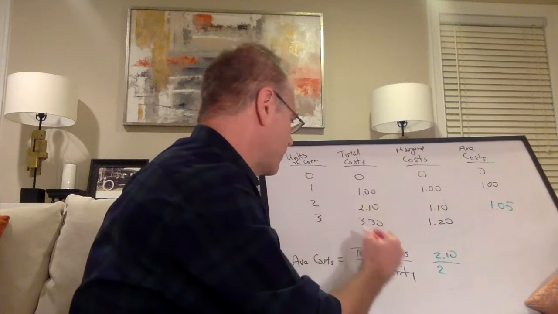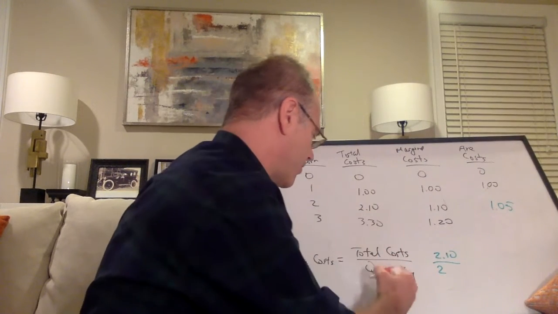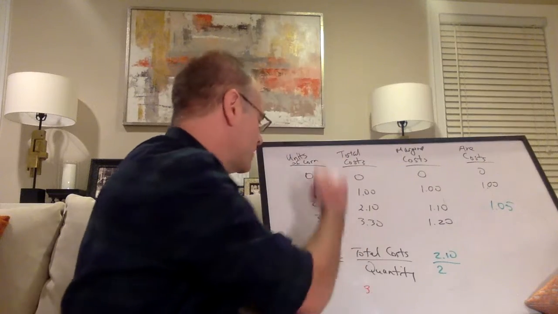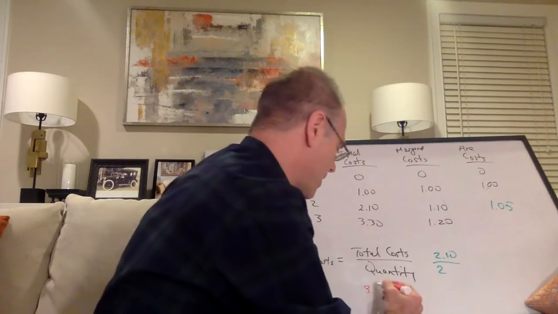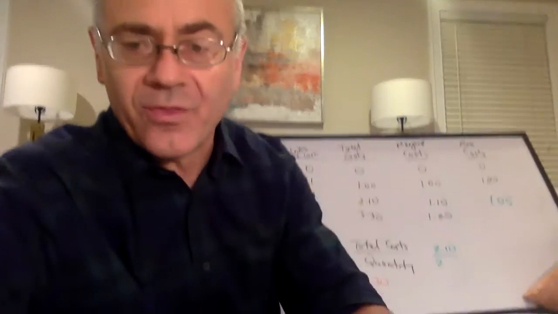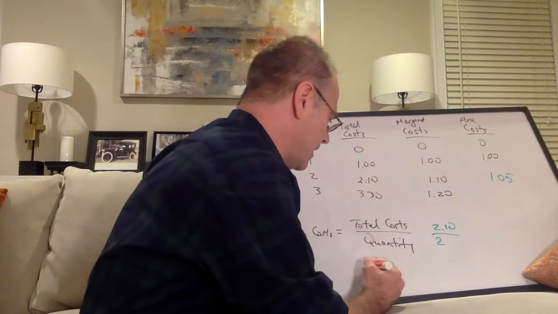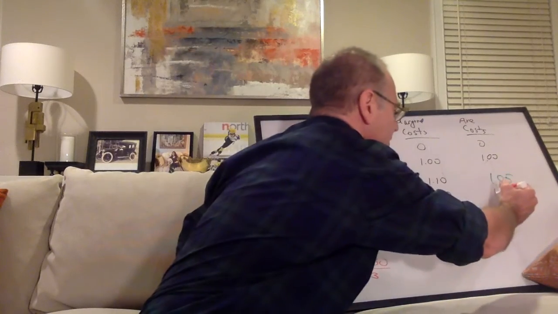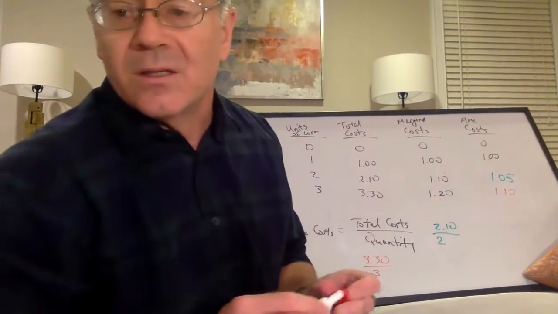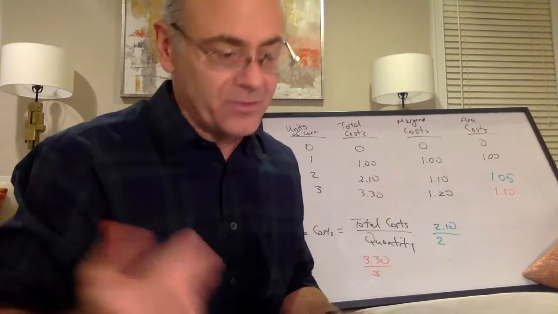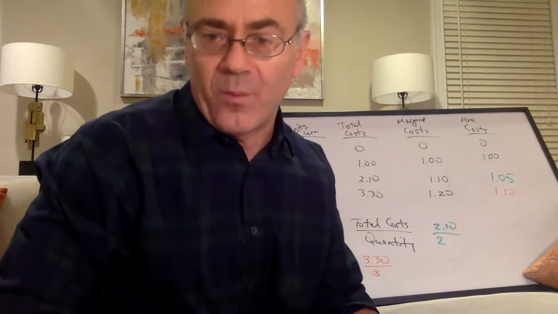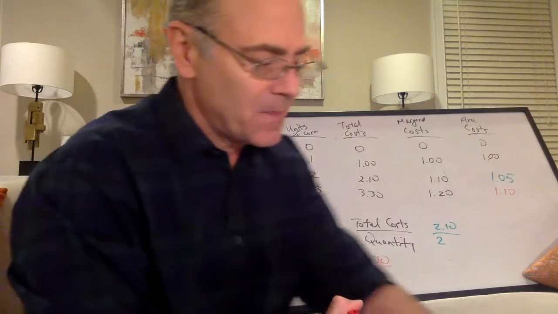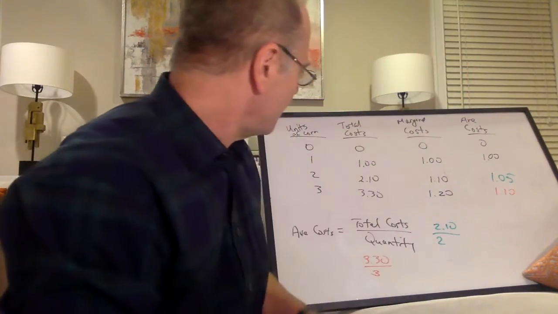Total cost will now be $3.30. What is the average cost when we produce 3 units of corn? $3.30 divided by the quantity, which is 3. $3.30 divided by 3 is $1.10. Okay. So that is how the authors of your textbook get table 4.4, going through these calculations. I want to do one more example.